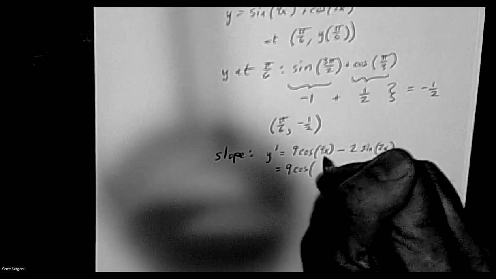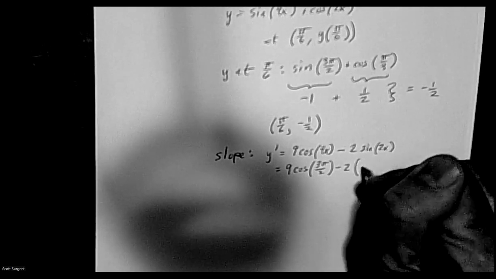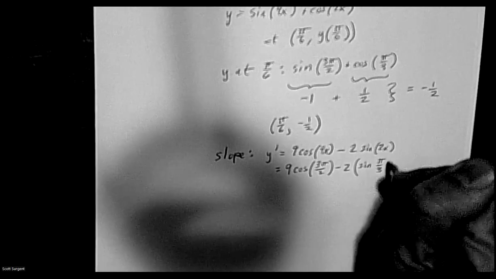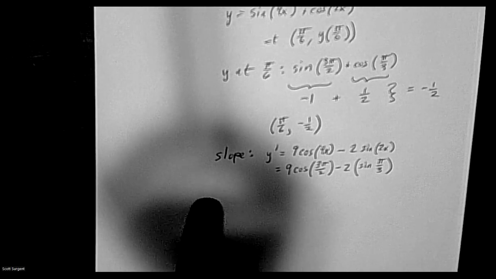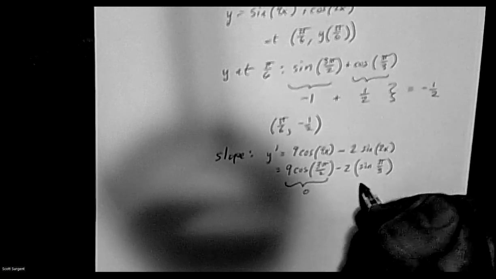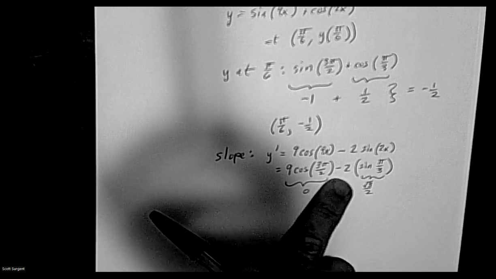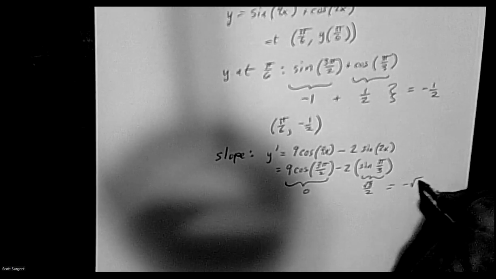Pi over 6 times 9 is 3 pi over 2. Take away 2, and then sine of pi over 6 times 2, which is pi over 3. Now, cosine of 3 pi halves is actually 0, so this whole thing drops out. Sine of pi over 3 is one you've got to remember. That's root 3 over 2. When I multiply by 2, the 2's cancel, so I just get negative root 3.